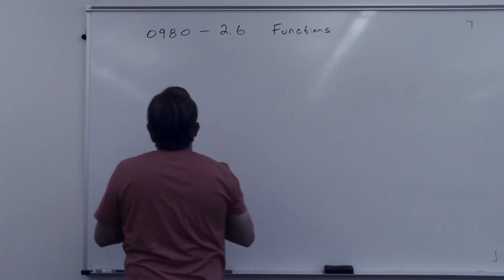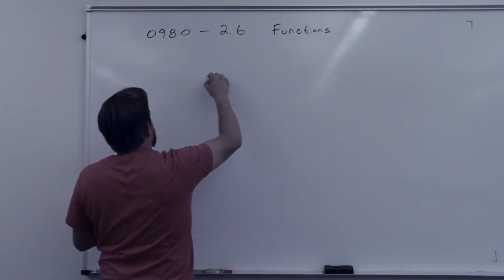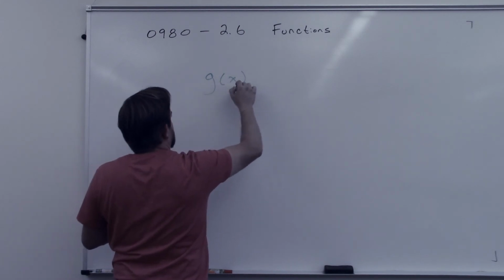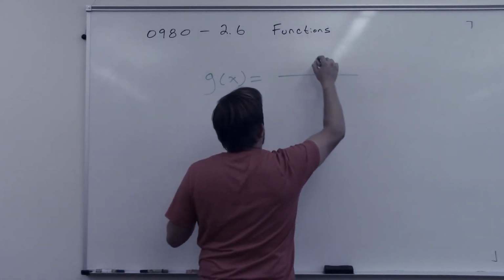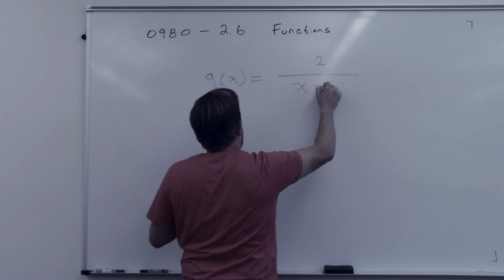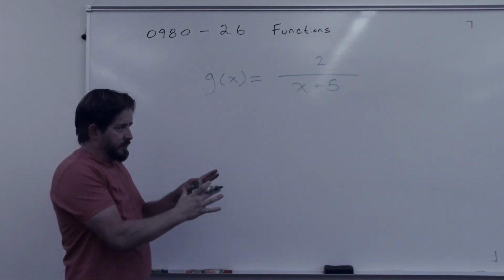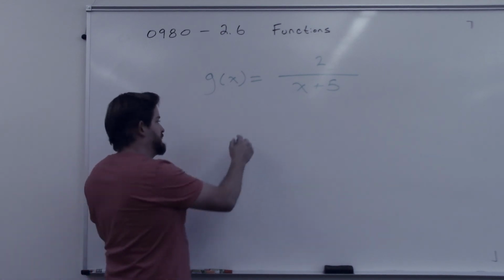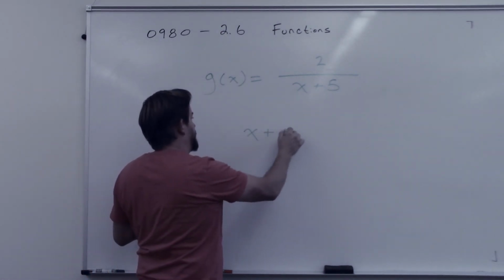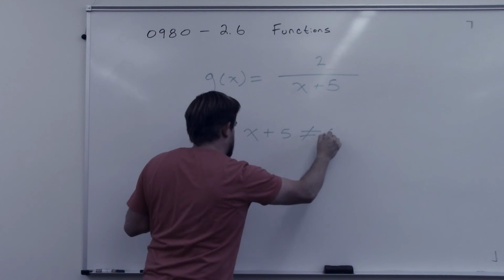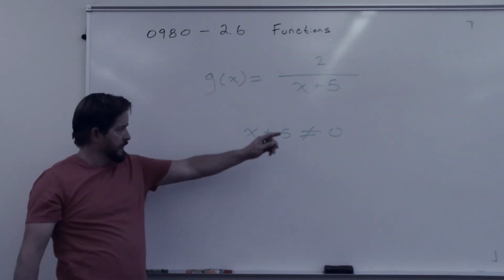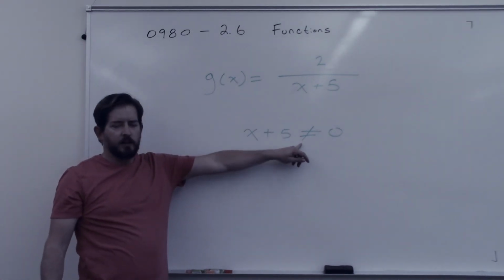Such as, if I have, let's say, g of x equals 2 over x plus 5. Well, the idea is that my denominator can't be 0, and so I create that strict cannot-be inequality.